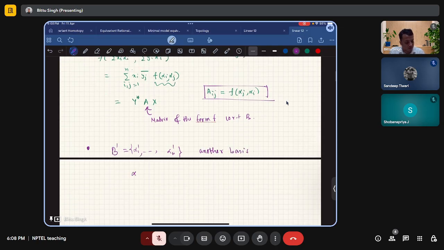Therefore, we can write alpha j dash as the sum of P ij alpha i, where i varies from 1 to n. Then this P is called the change of basis matrix.